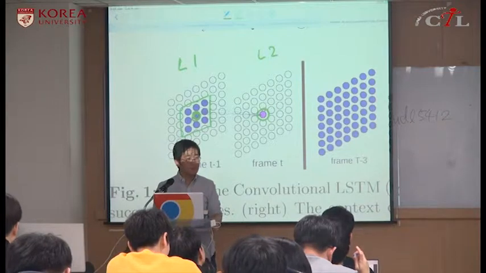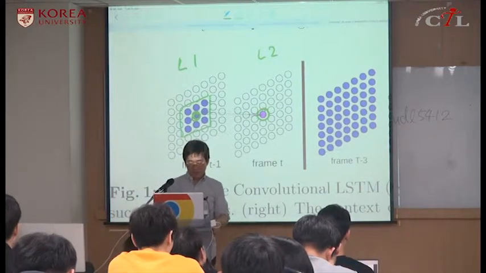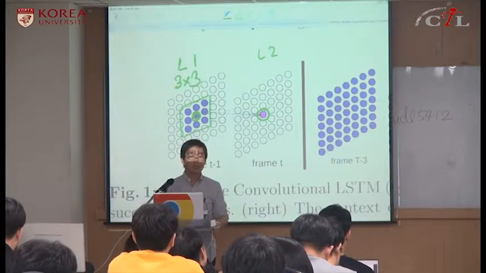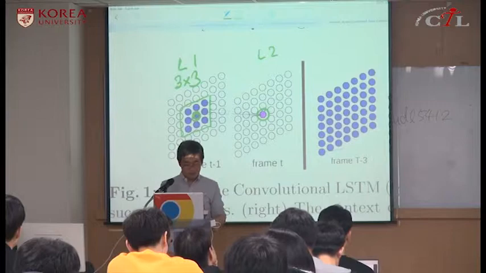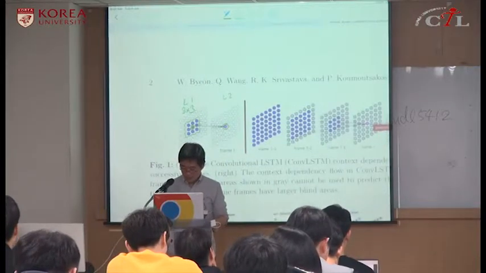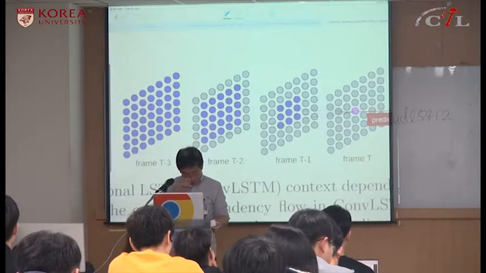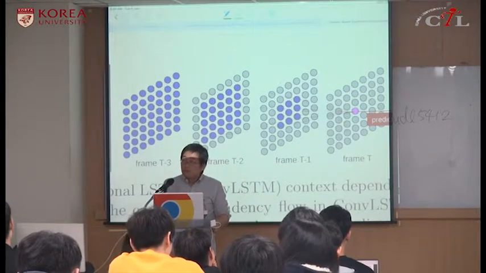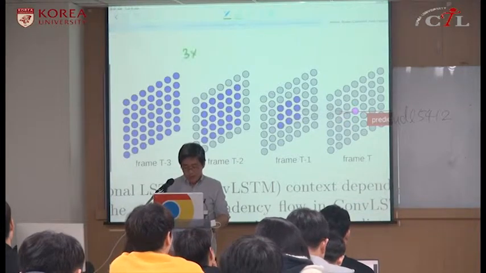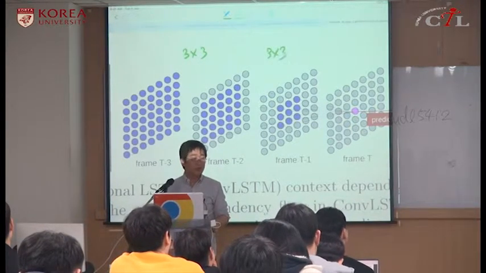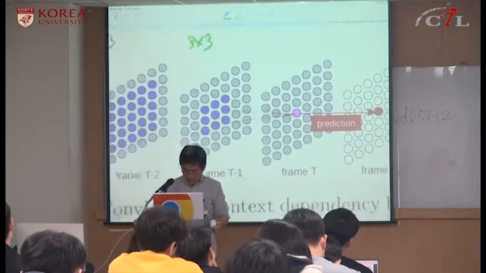In this case, we call the receptive field 3 by 3. But what if we stack another layer like this? Let's consider a 3 by 3 and 3 by 3 convolution, okay? So in this case, let's just use this guy.